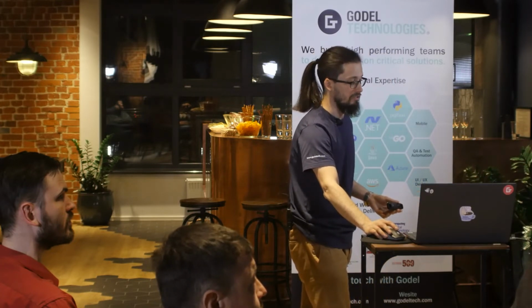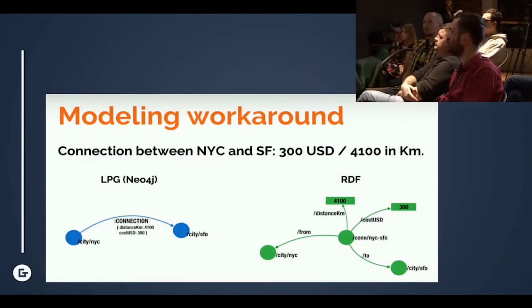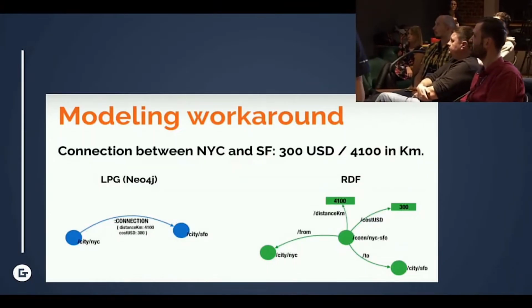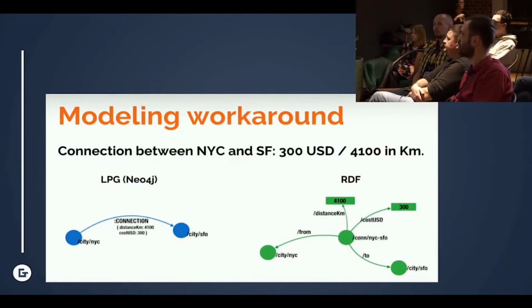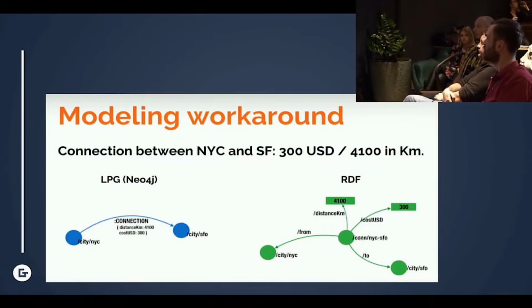The cost of the connection is $300, and the distance between those two cities is 4,100 kilometers. And we have got two representations. One is LPG, for example by using Neo4j, so labeled property graph. And the other one is RDF, so Resource Description Framework. I didn't change the picture from the website, but we could use SPARQL in that case.